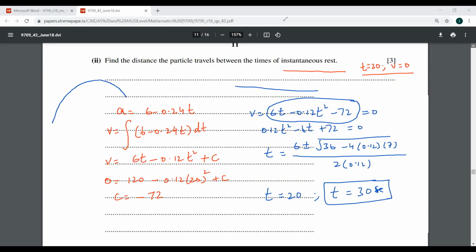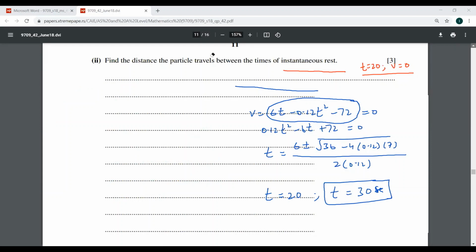Let me erase this before I do that, okay? So, okay, this would be a sad face, like this. And we already know that this is going to be at the times 20 and 30 when it is instantaneously at rest, okay?